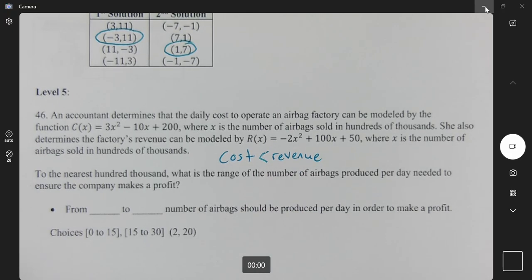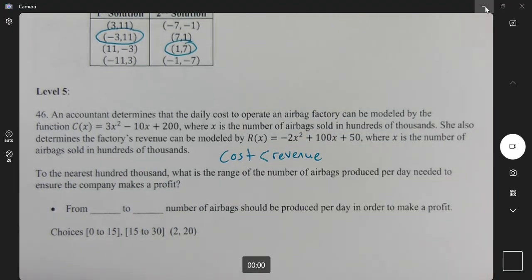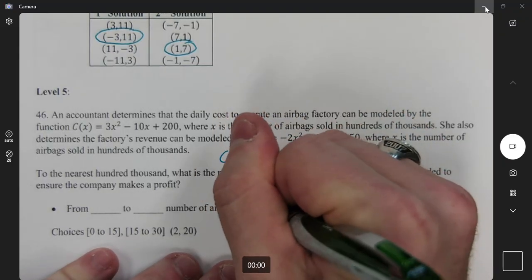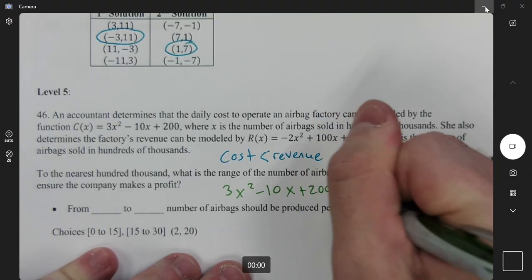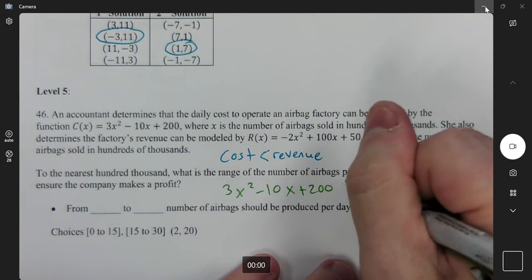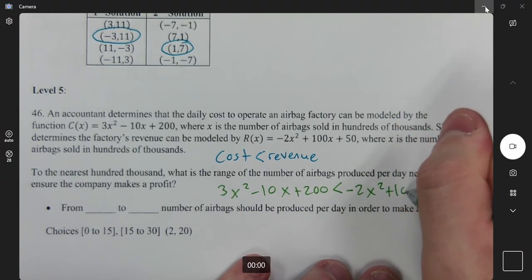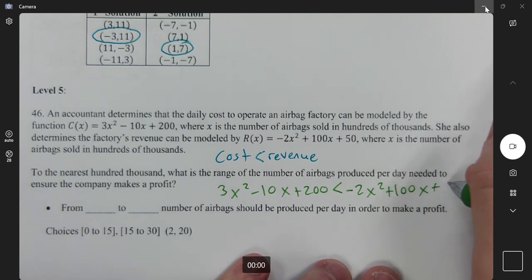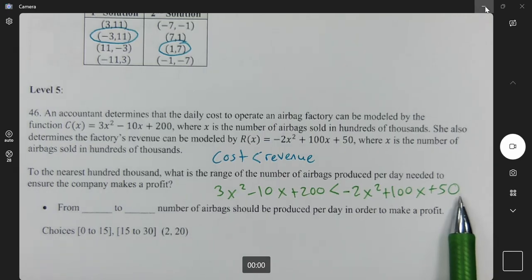That's it. So we're going to type this cost function. We'll do it in green because money is green. I'm writing the setup that I'm going to put on Desmos. There's cost. Here's less than. And here's revenue. And I'm going to type that entire statement into Desmos, and I'm just going to look at what it shades.